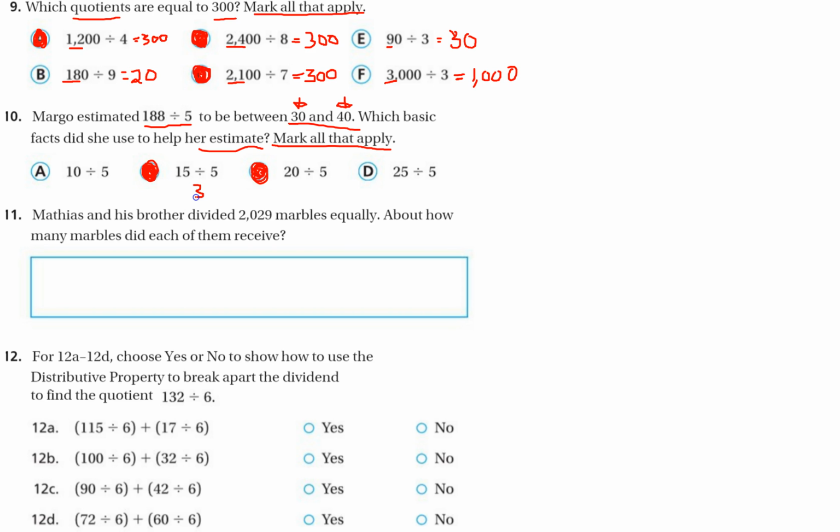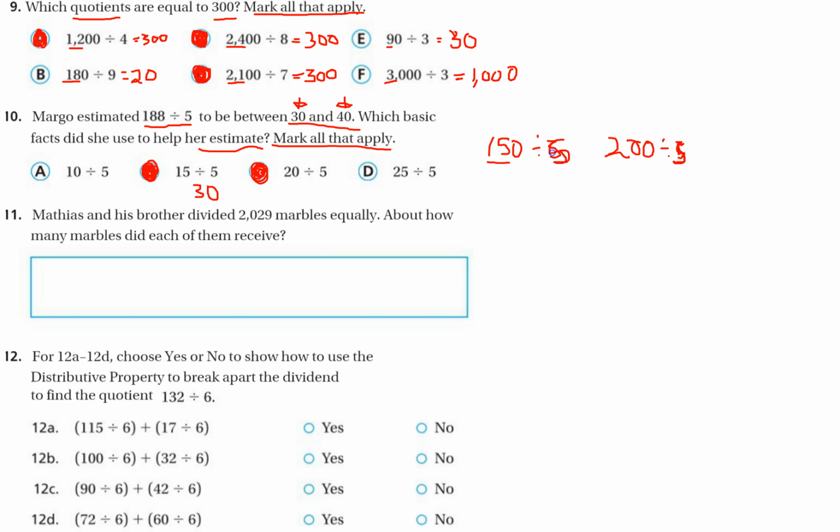15 divided by 5 was 3, which in this case she estimated 188 to be 150. And then she just looked at it as, well, that's really just 15 divided by 5. And then I add my 1 zero to get 30. And then here she estimated 188 to be 200 divided by 5.